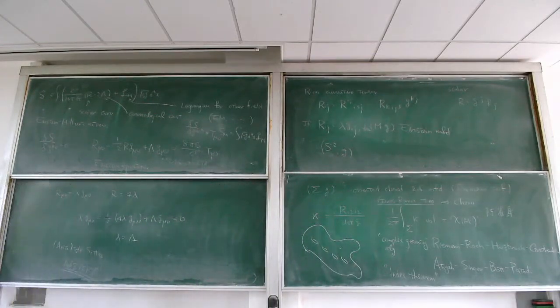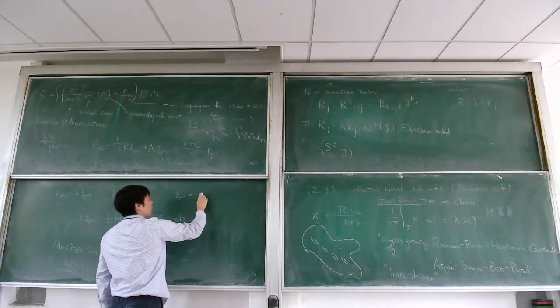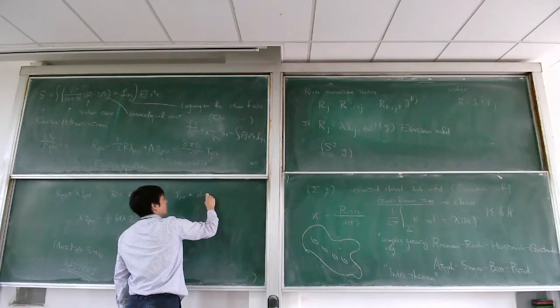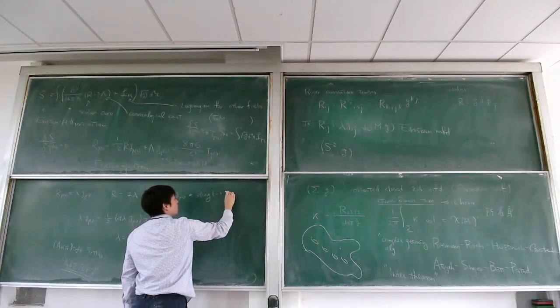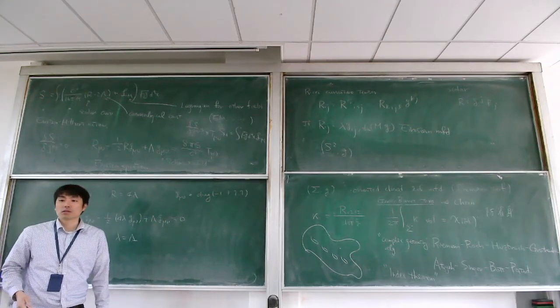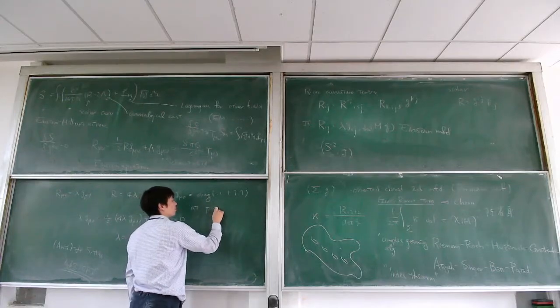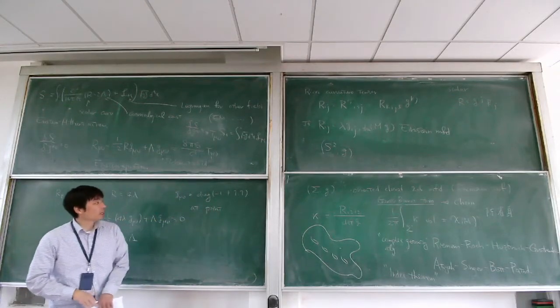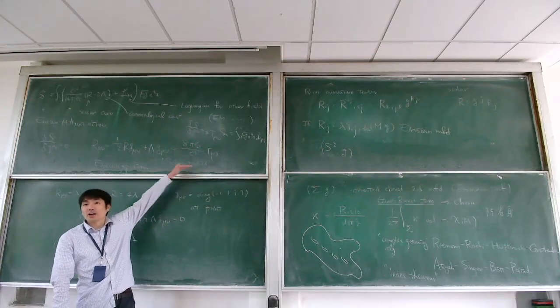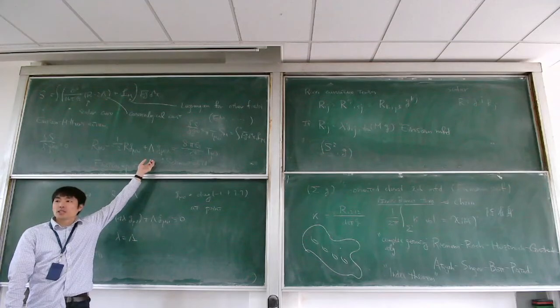Locally, at a point, g mu nu can always be minus 1, 1, 1, 1. I choose the Minkowski signature for the metric in physics, in space-time.